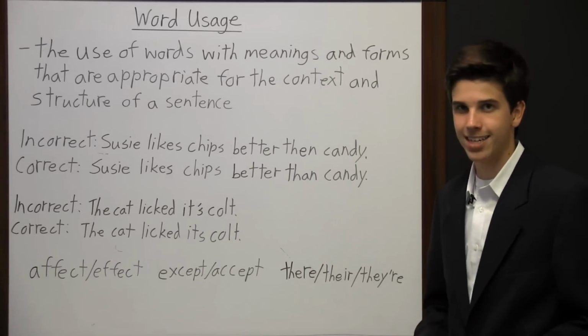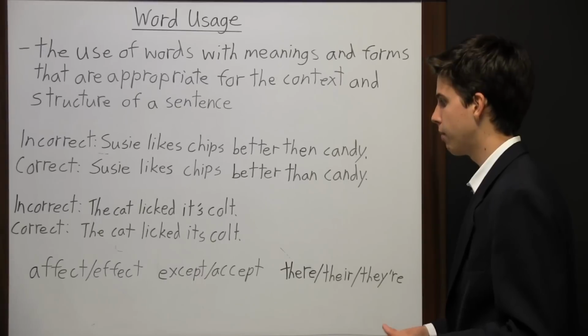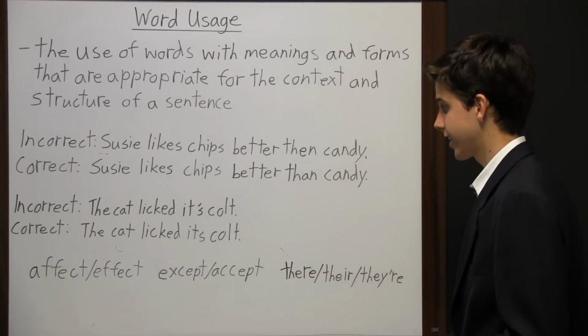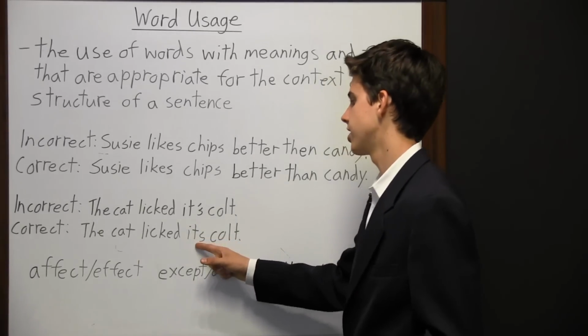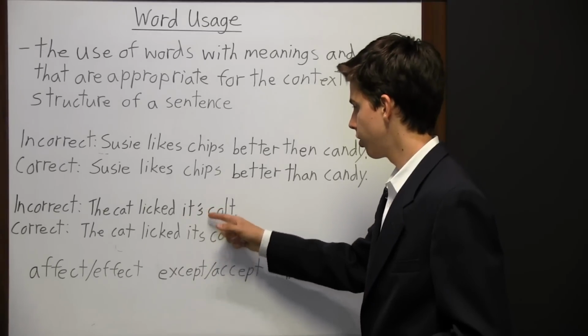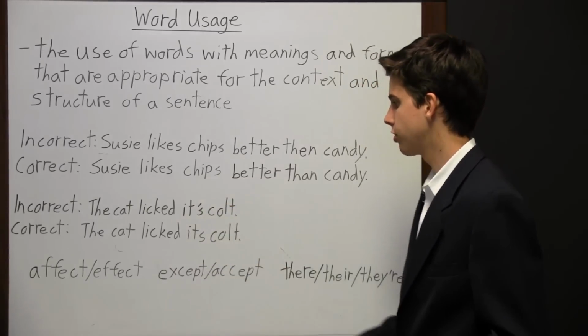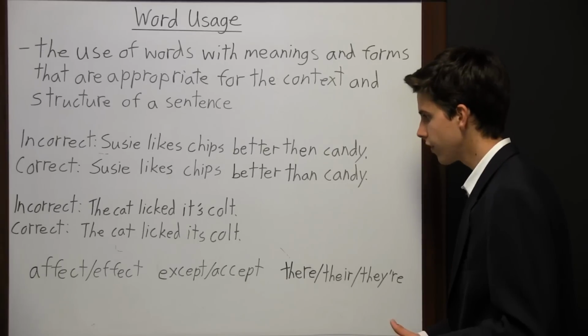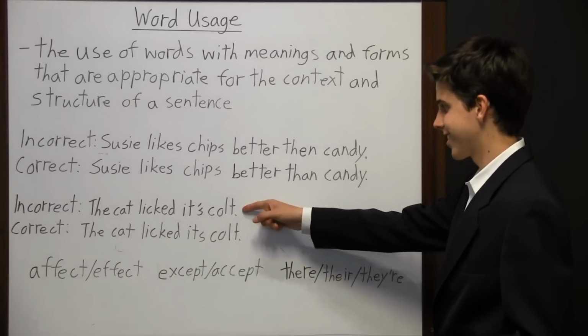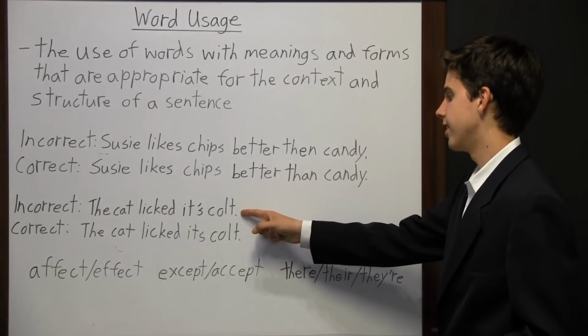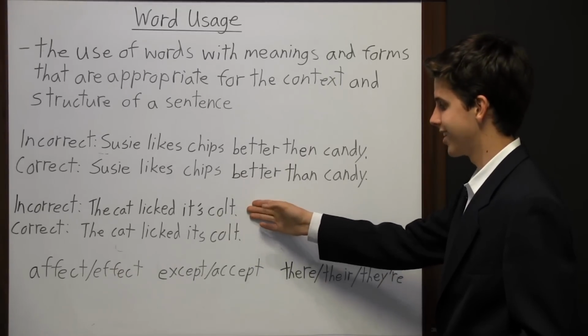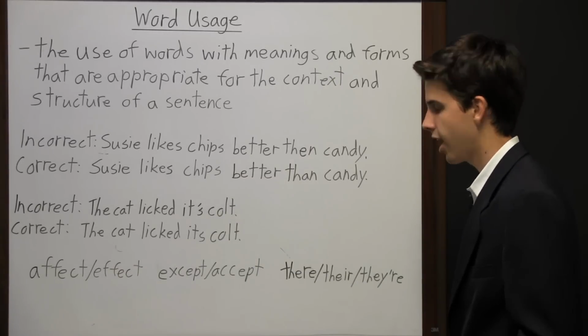And you may be thinking, anytime a word is possessive, shouldn't it have an apostrophe? Which generally that is the case, and here its should be possessive. But with the case of the word its, you only use an apostrophe when you're talking about the contraction. So right here, the sentence is saying the cat licked its coat. So that doesn't make sense, so obviously you're not supposed to use the apostrophe.